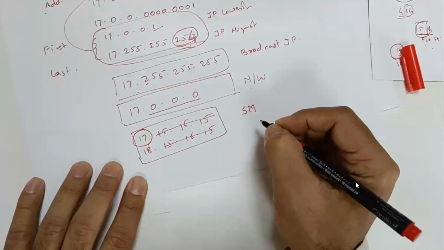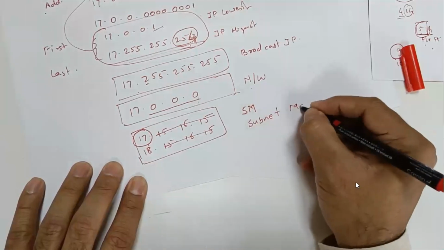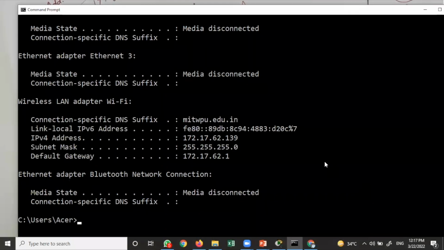Have you heard about this? Let me tell you, for yesterday's batch, I have given my IP address as 172.17.62.139. Can you tell me what class this is? Class B, because it lies between 128 and 191.